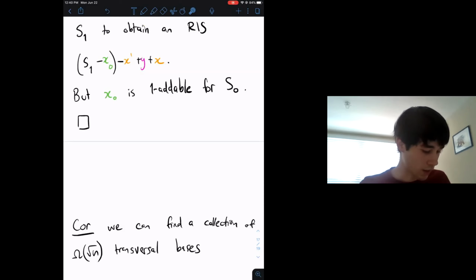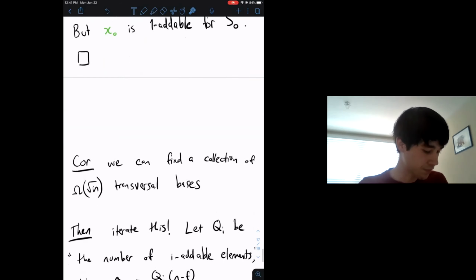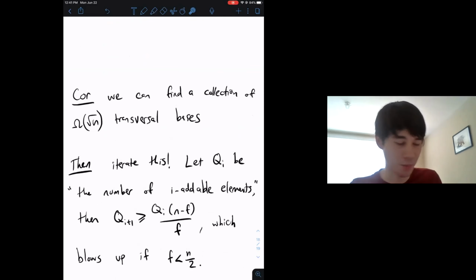Okay, so that's good, but we don't have to stop there. We can keep iterating this forever. So I'm going to stop giving detailed proofs of things. But the idea then is to just iterate this idea and define a notion of I-addable for arbitrary I, which informally it means that I can apply one addability I times.